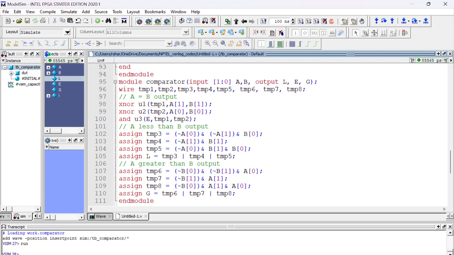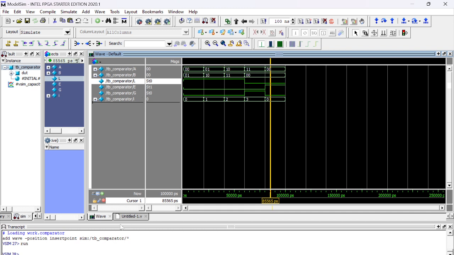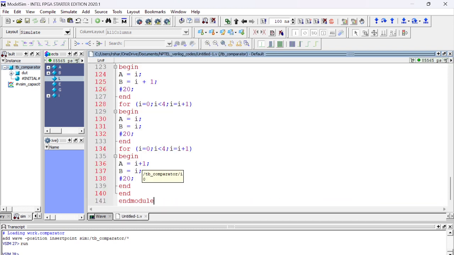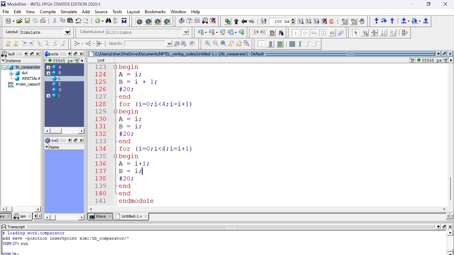It is comparing the A and B inputs, so two inputs. At this time interval, 85, which is between 0, 20, 40, at 0, 20 till it becomes 40, this will be the value.